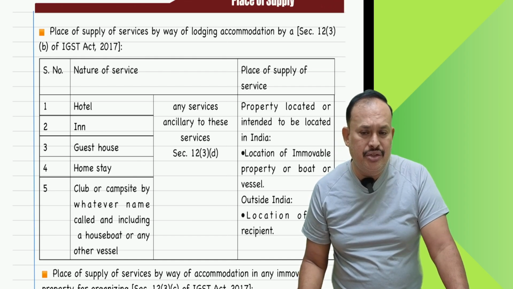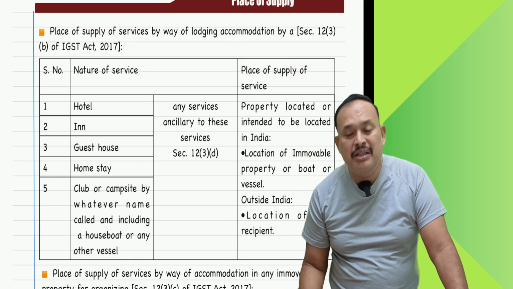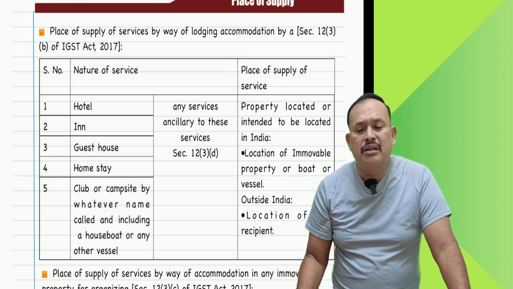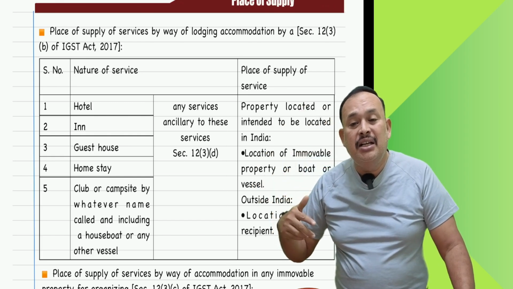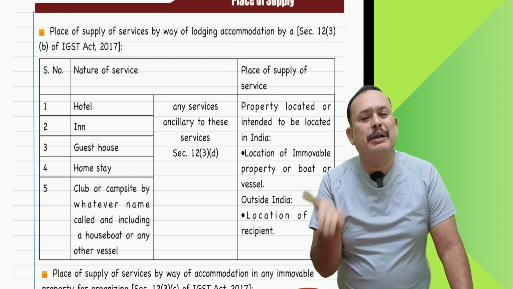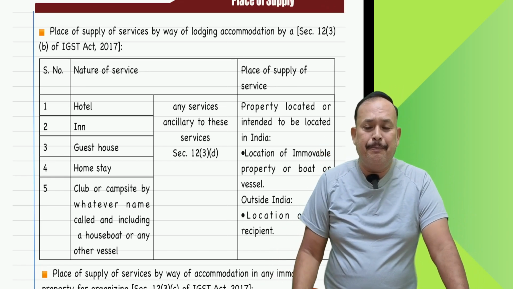Taxable? Yes. Location of supplier? Kashmir, Jammu and Kashmir. Place of supply? Where the boat is located: Kashmir. Therefore, intrastate supply. Even though the recipient is from Chennai, no problem, because the boat is located in India. Place of supply is where the boat is located.